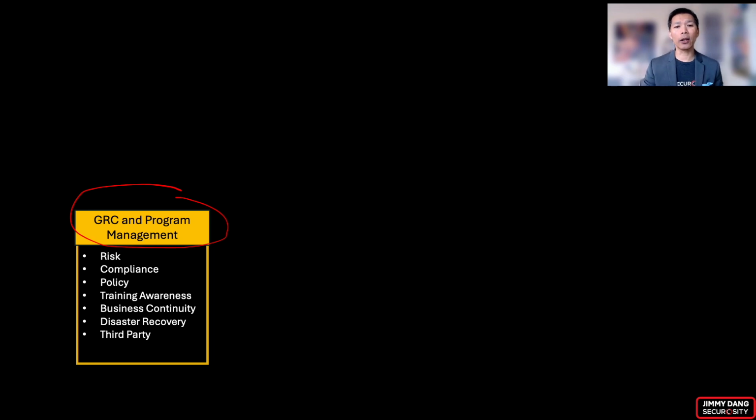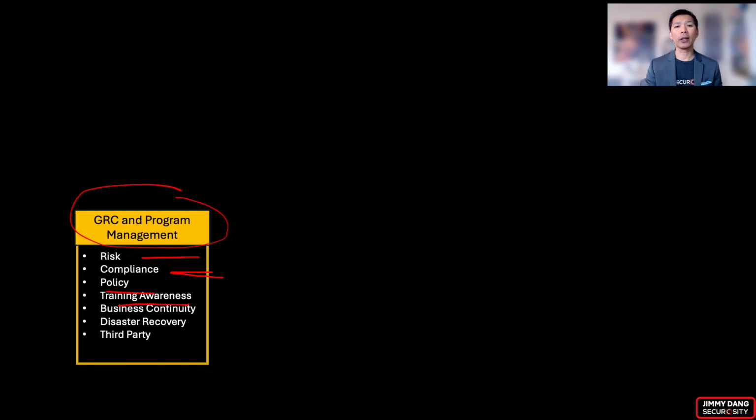The first we're looking at here is risk, identifying, assessing, and mitigating risk to protect the organization's assets and operations. The next, compliance, assuring adherence to laws, regulations, and industry standards to avoid any legal penalties and also to maintain good reputation. Policy, establishing and enforcing rules and guidelines that govern organizational behavior and processes.